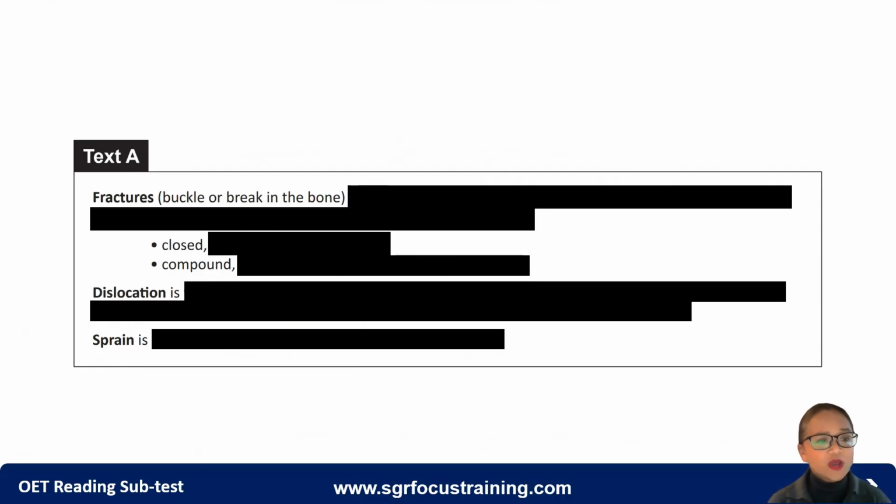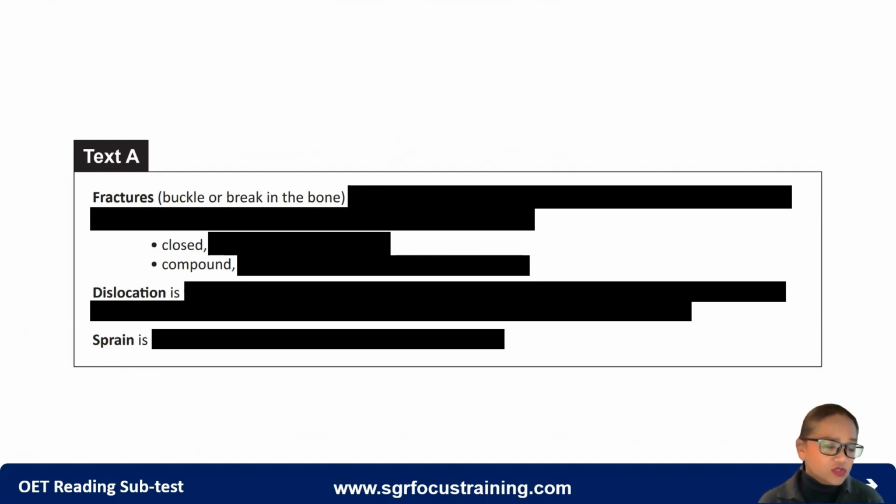The very first one is on fractures and talks about fracture being a buckle or a break in the bone. That kind of tells you, okay, this line, even though I've hidden some information, tends to give me what is fracture. It's giving me the meaning of fracture, the description of a fracture, okay?